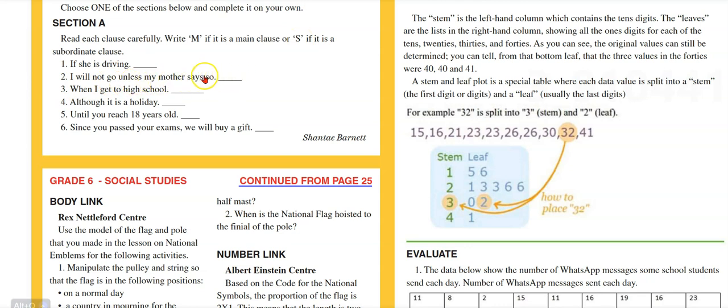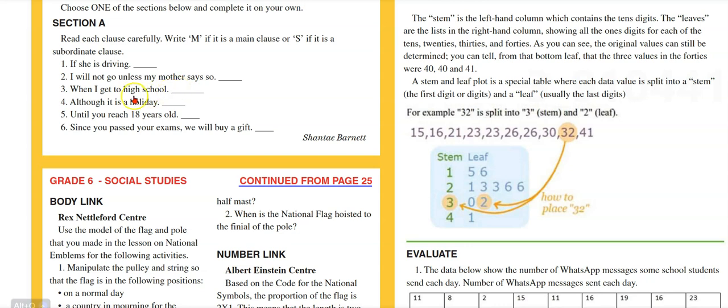So M for main. When I get to high school, so what? You need some more. When you get to high school, I'm going to be the best footballer because I've been practicing every day, or I'm the best footballer at my school now, something. You need more. 4. Although it is a holiday, we still had to go to school.